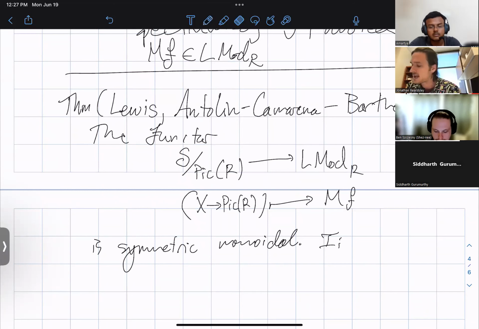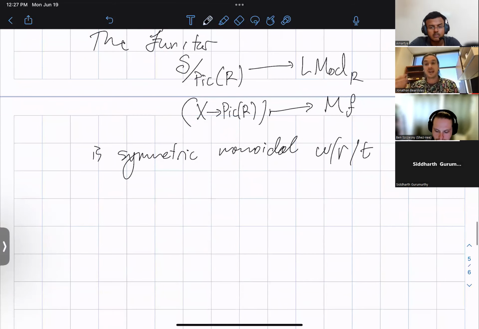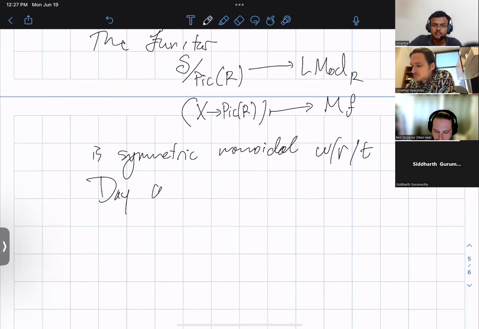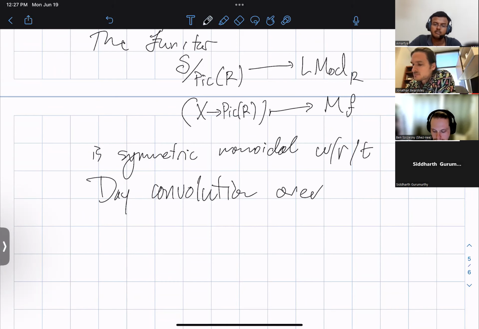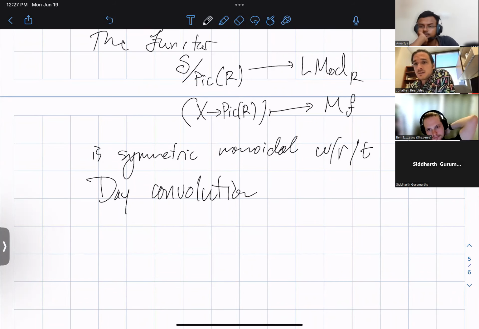With respect, I should say, to the Day convolution monoidal structure on spaces over Picard. Remember, by unstraightening, or rather straightening, spaces over Picard are equivalent to presheaves from Picard into spaces. And so because Picard is an infinite loop space, this inherits a Day convolution monoidal structure.